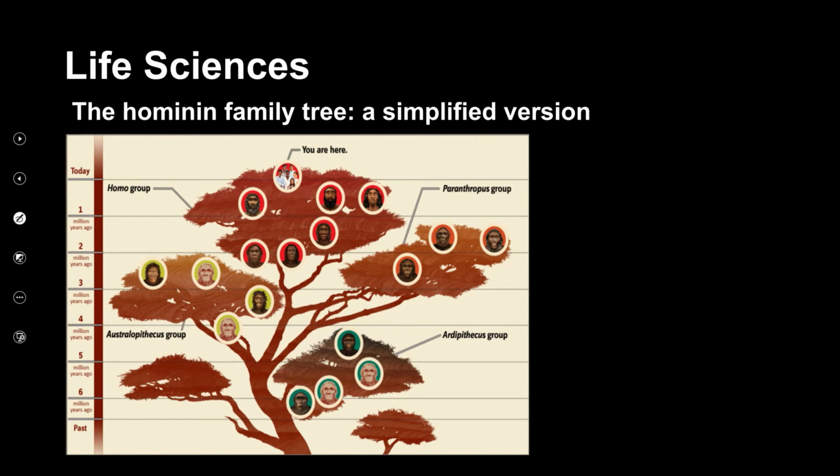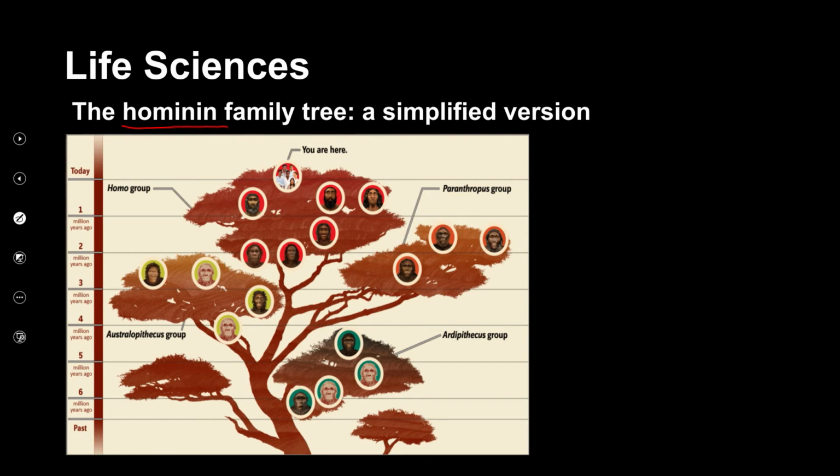Okay, so here we can have a look at the hominin. And this is specifically because we said hominins are just humans. There are no apes here. And if we have a look, this is the hominin family tree. It's a very simple version. And the nice thing about this diagram is it's drawn as a tree.